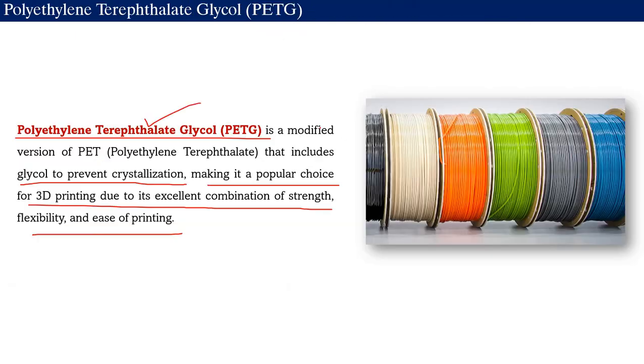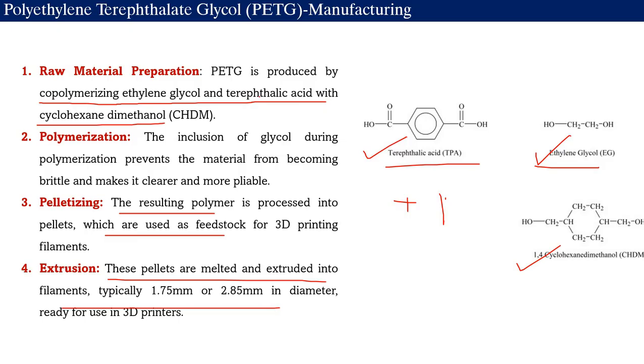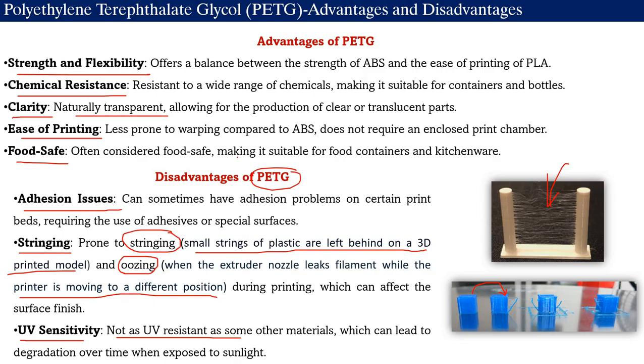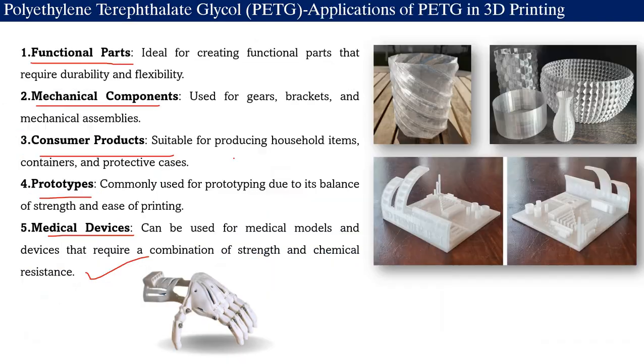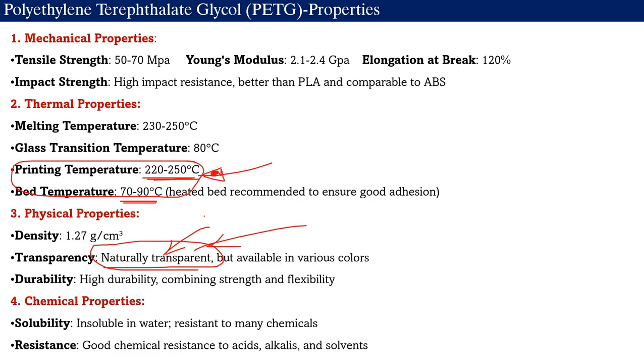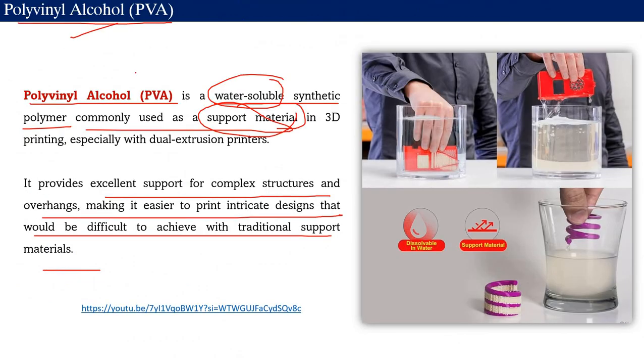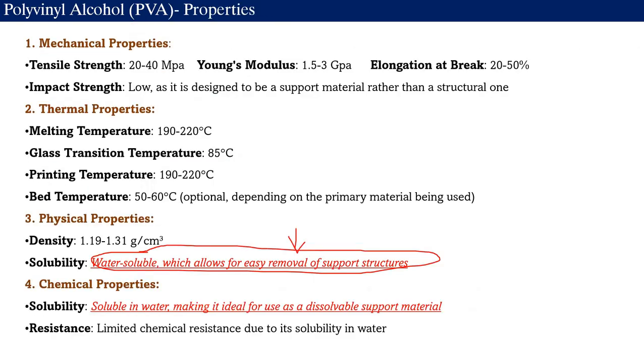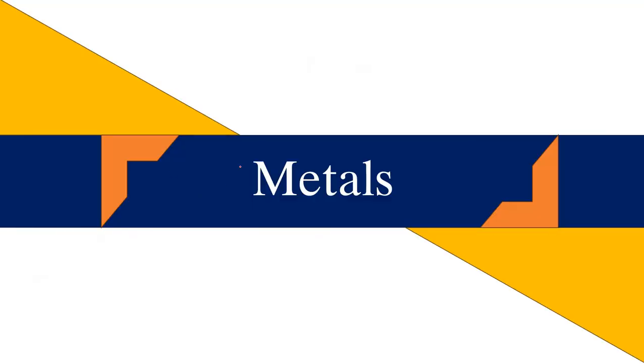Then we have seen PETG, which is formed from ethylene glycol and terephthalic acid along with cyclohexane dimethanol. In PETG, the most important property is that it is naturally transparent. And then we have seen PVA, polyvinyl alcohol, which is water soluble and acts as a support structure used for generating supports along with the build material. Now we will shift to the metals.